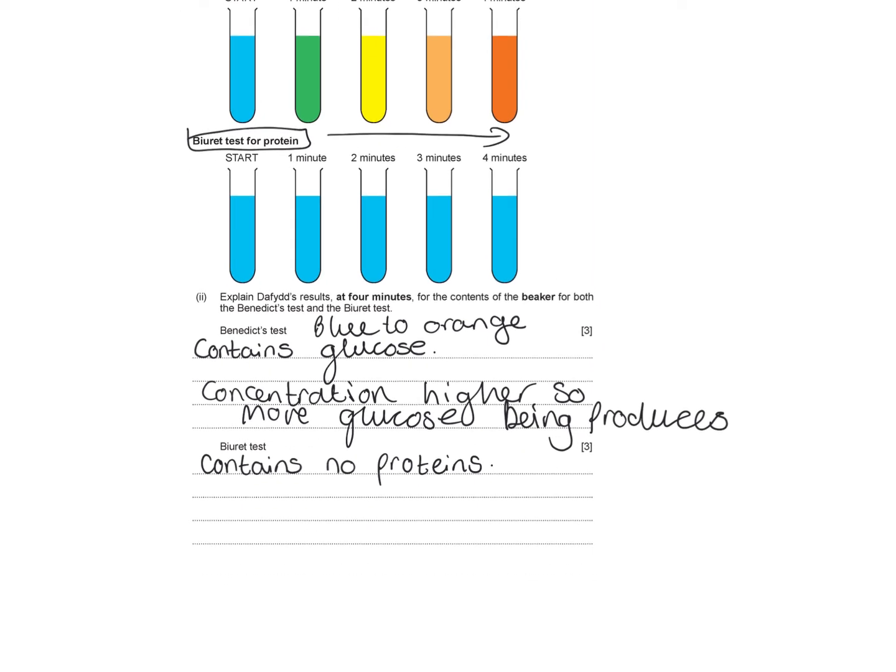Then this one, Biuret, contains no protein, okay? What it should do, if you've got Biuret, it should go from blue to purple, but there's no colour change. So then that means that there is no protein present, okay?